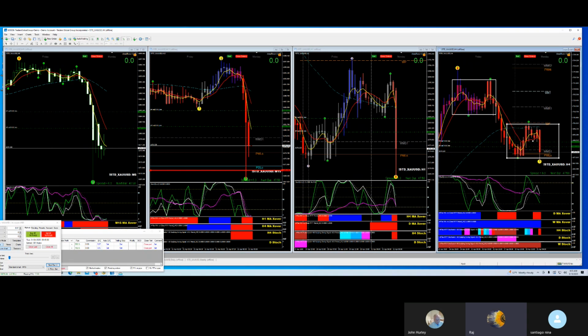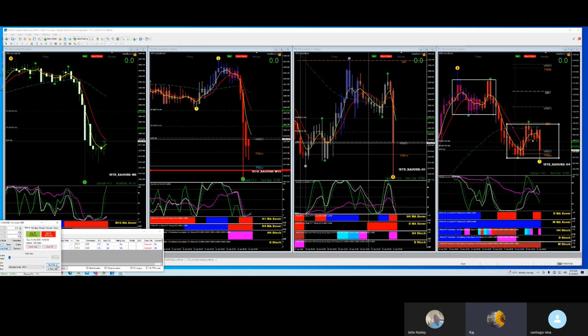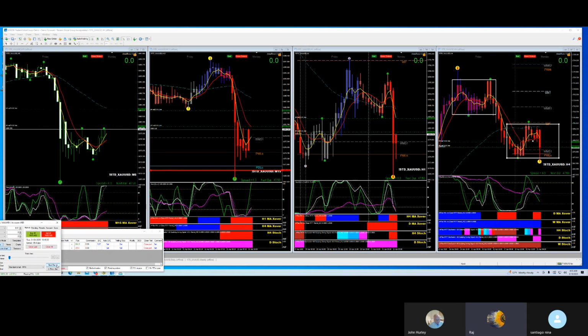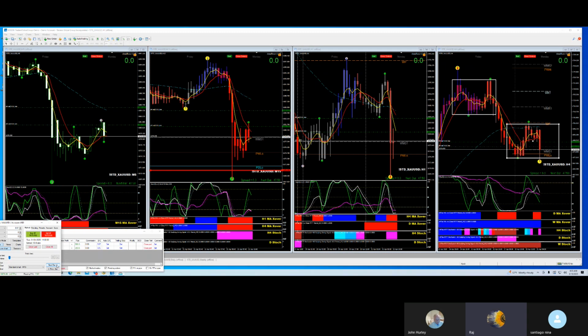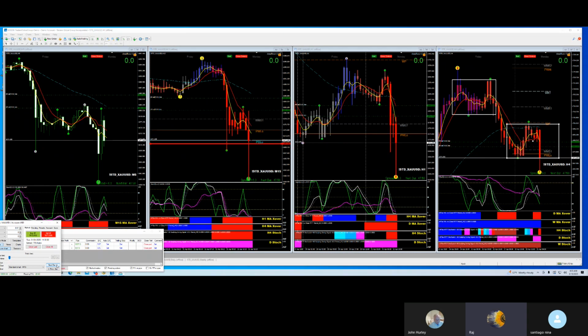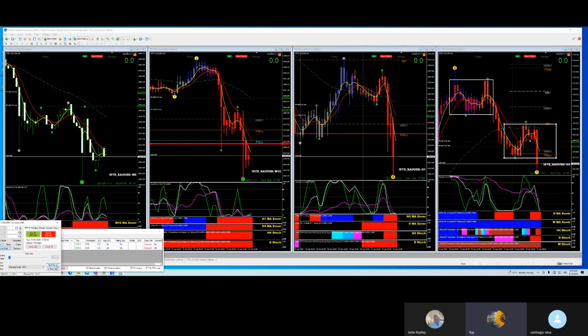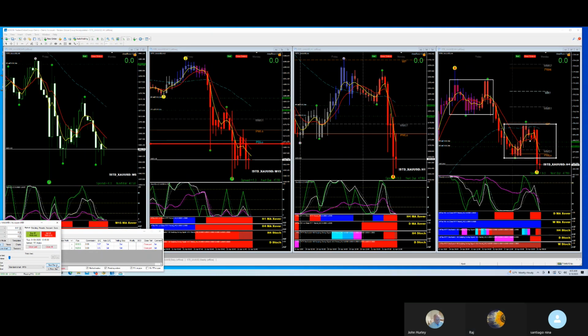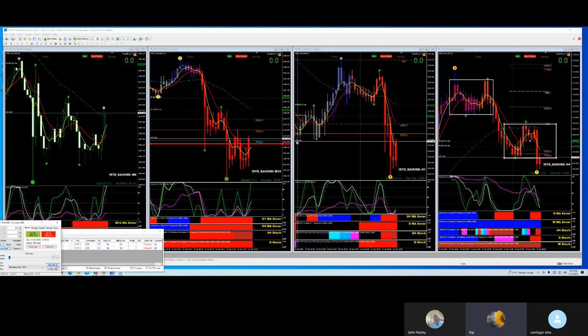Back in trend. So it poked its head out, took the stops out for anybody who went long. And now it will either continue or toddle in that box. Daily is joining in. Daily's gotten below the 50, and it's ready to go.